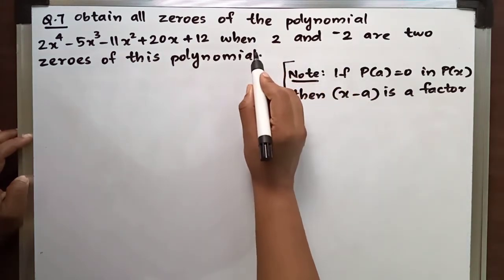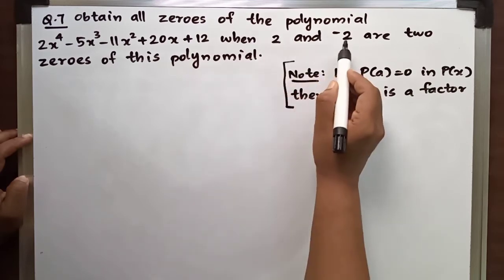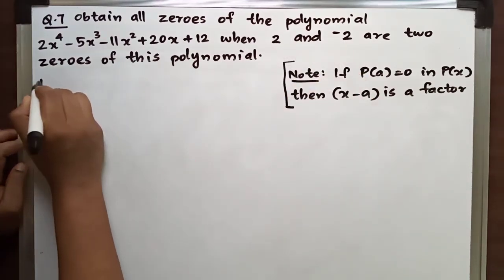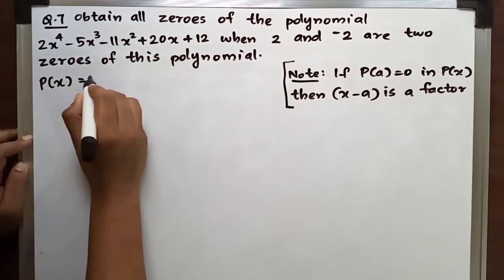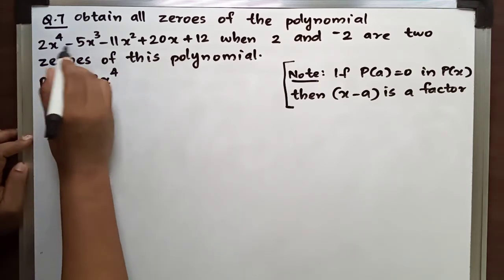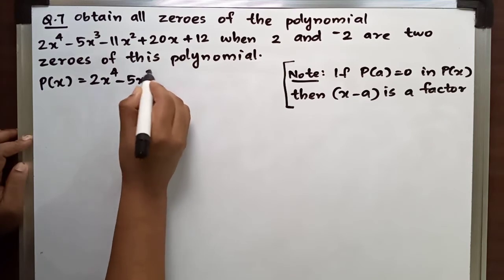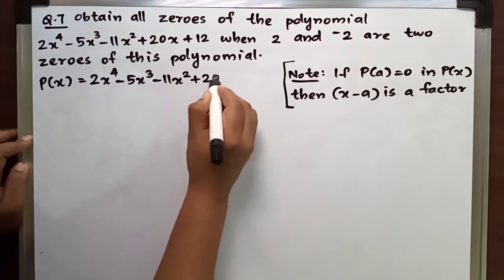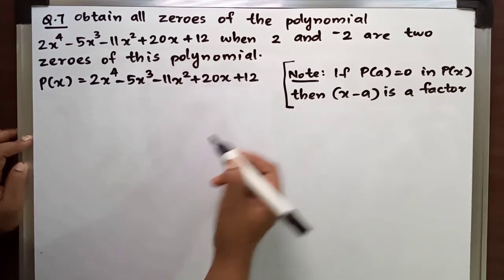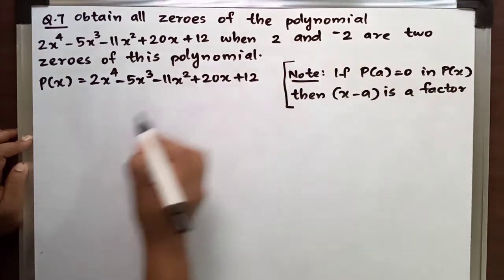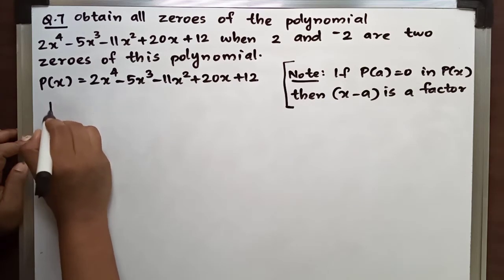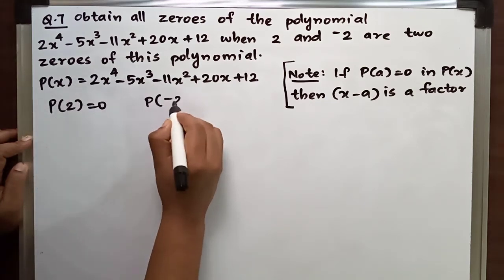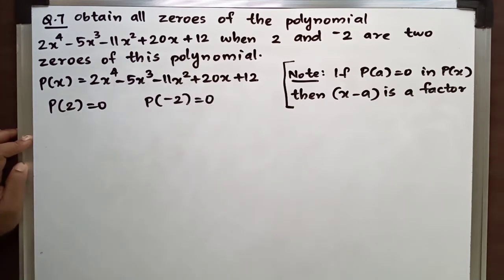In this question, what is given? 2 and minus 2 are two zeros of this polynomial. Anyways, the given polynomial is 2x raised to 4 minus 5x cube minus 11x square plus 20x plus 12. 2 and minus 2 are two zeros of this polynomial means p of 2 is equal to 0 and p of minus 2 is equal to 0.